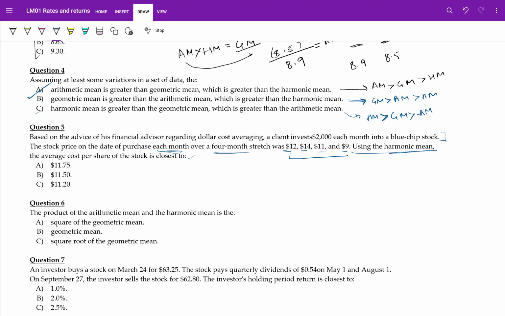What you can do is divide 2000 by 12, then 2000 by 14, then 2000 by 11, and then 2000 by 9.